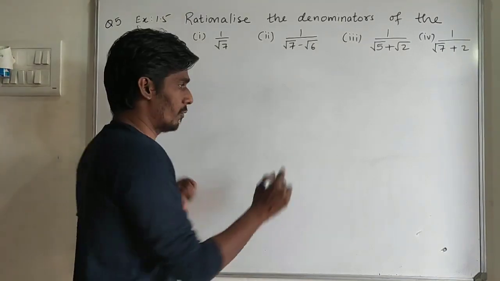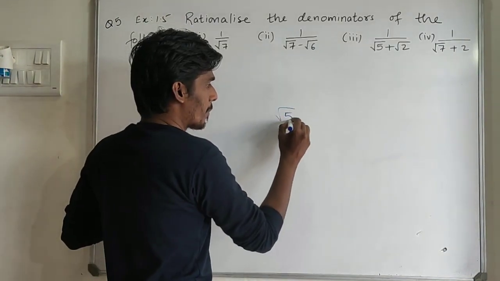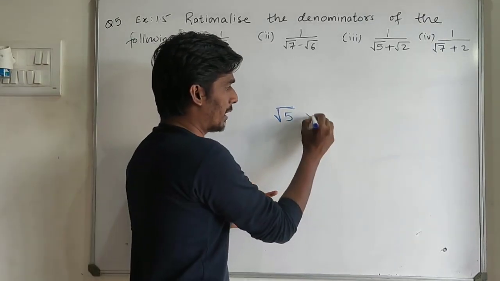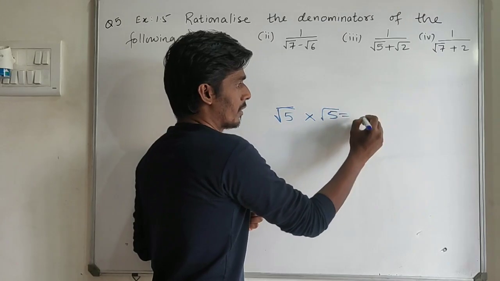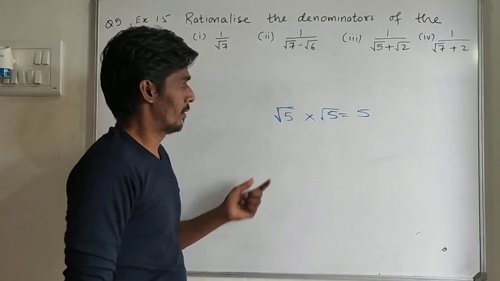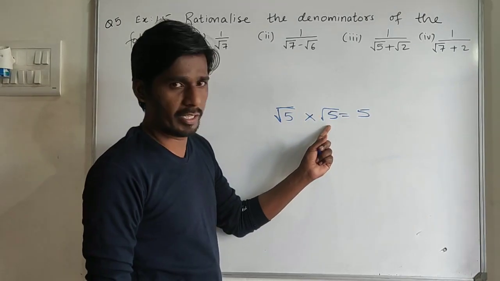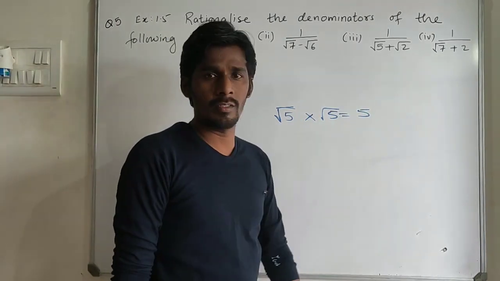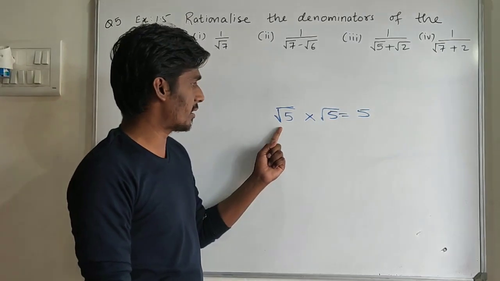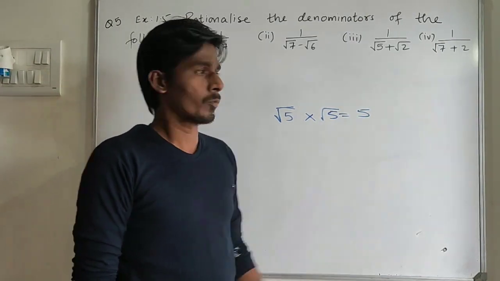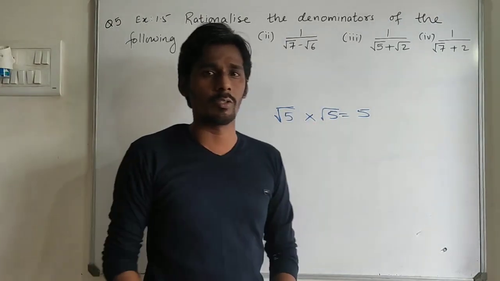So we know that if I write root 5 and multiply root 5 here, it becomes what? 5. By multiplying an irrational number with one more irrational number, it becomes a rational number. This is irrational multiplying with irrational, and I am getting the product rational. So we are going to use this basic idea.